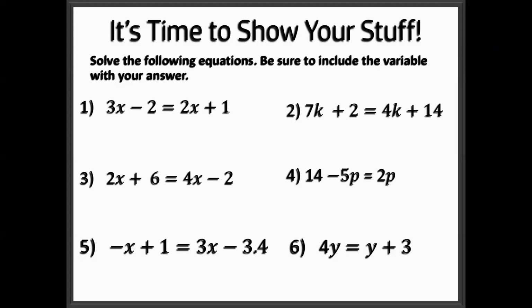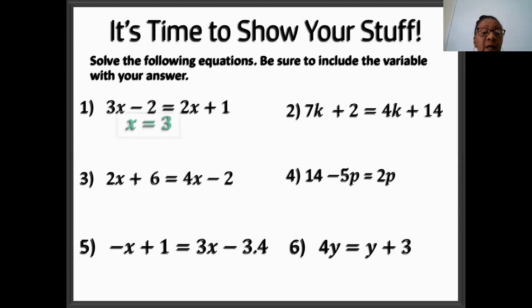Okay, number 1, 3x take away 2 is equal to 2x plus 1. Our answer, please check your answers. X is equal to 3. Remember, we're not going through the process now because we've already done that. Number 2, K is equal to 4.